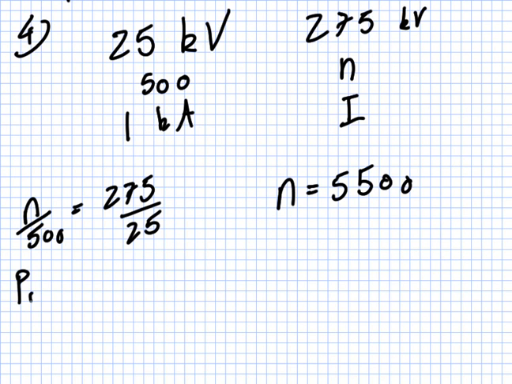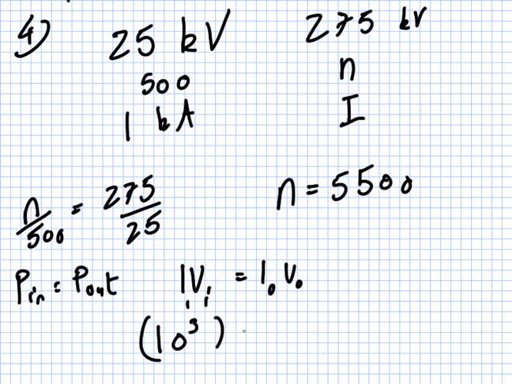Power in equals power out, which is IV in equals IV out. So the I going in is 1 kilo. The voltage going in is 25 kilo.